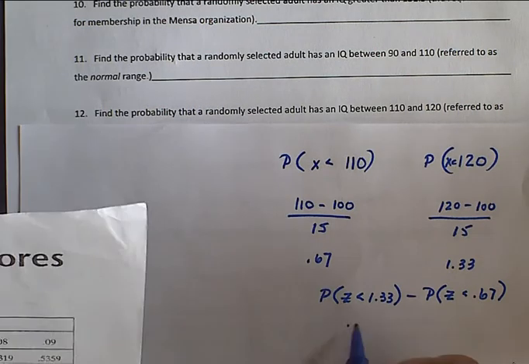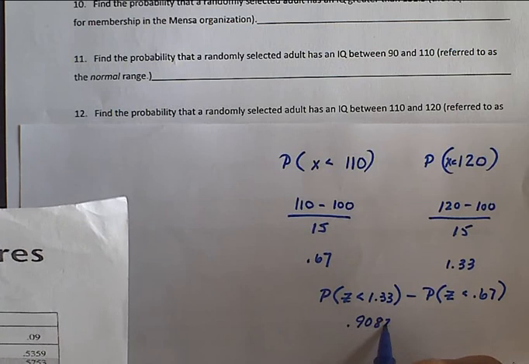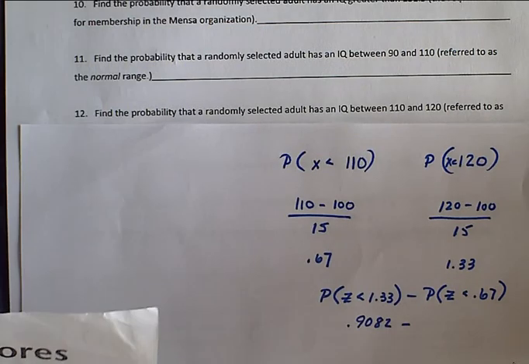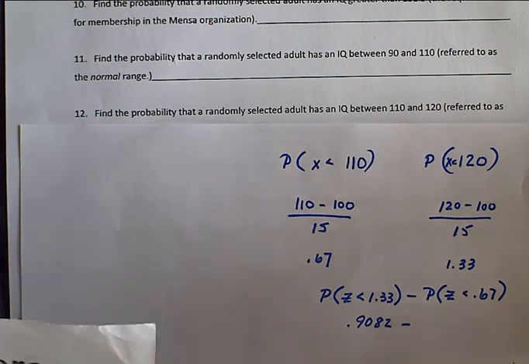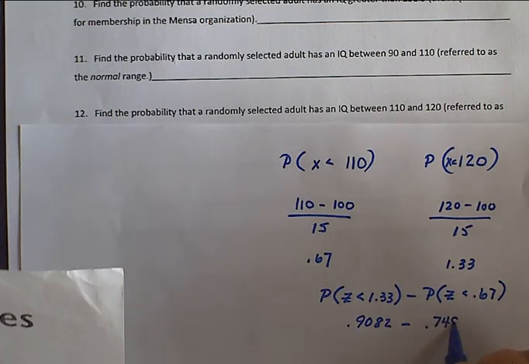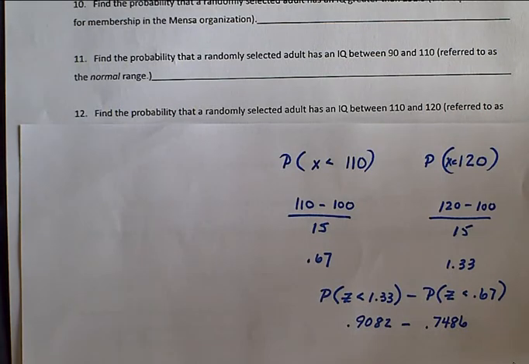Point 9082. 0.7486. Okay, 0.1596. So there's almost a 16% chance of randomly selecting someone that falls between that IQ group.